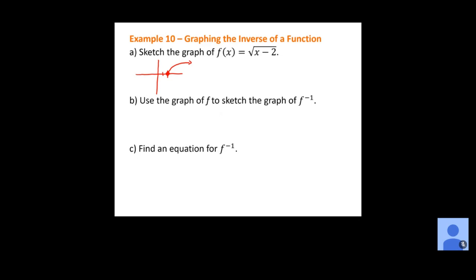All right, now what we want to do is use that graph to sketch the graph of f inverse. So let's think about what we know about inverse functions now. Okay, so we know the domain and range are switched when we do this. So if I switch my x and y values for this graph, what would that graph look like?